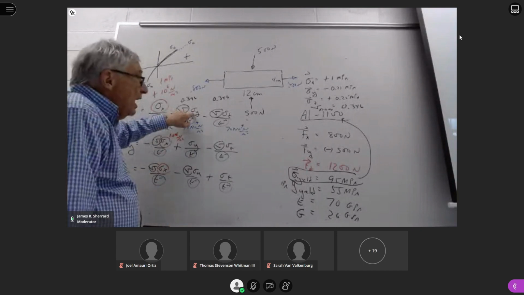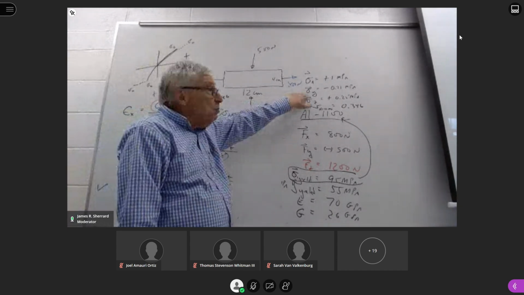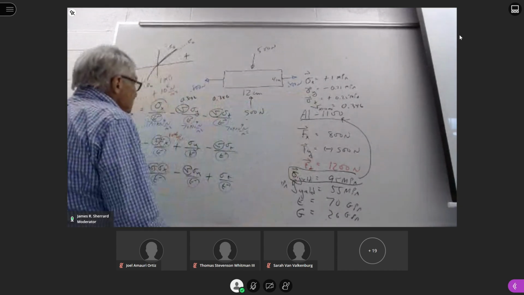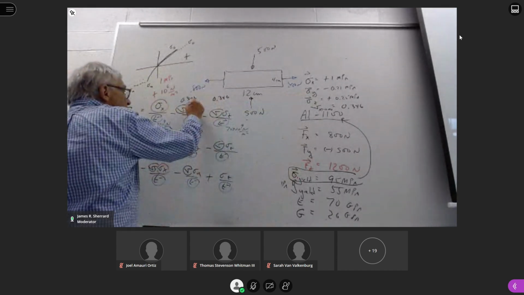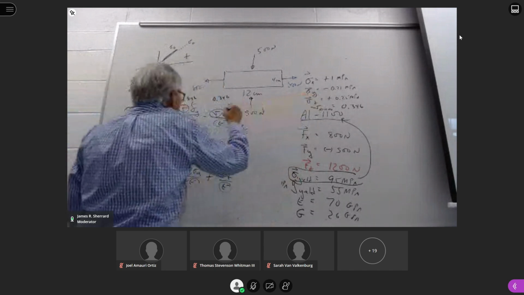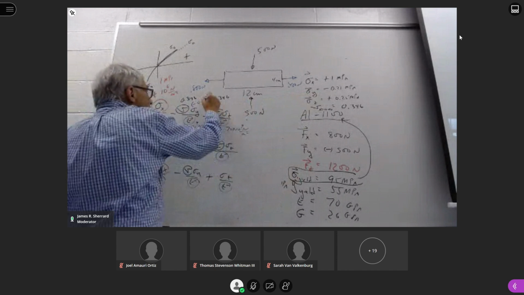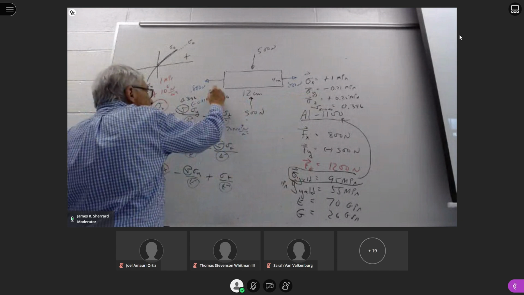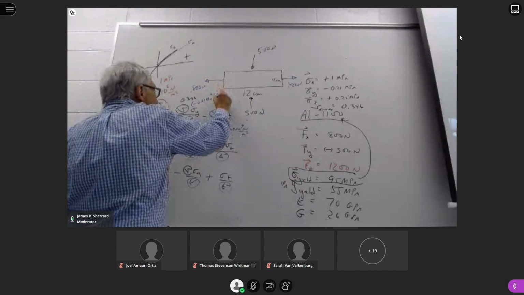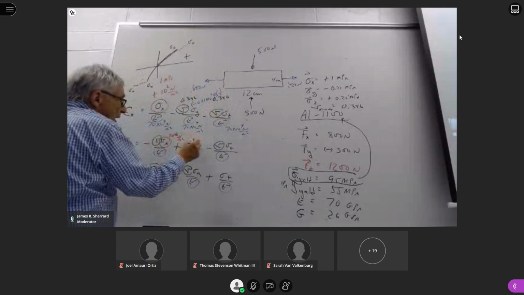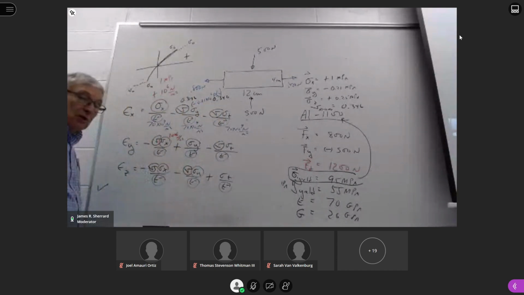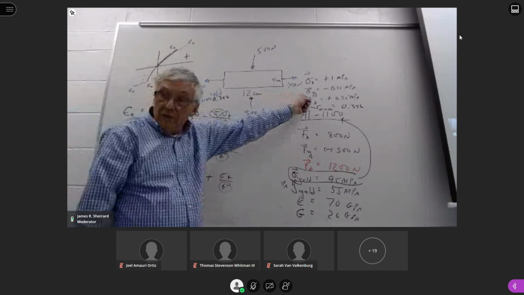Okay, so the next thing I'm going to do is, wherever I have a sigma y, we've calculated what that value is for plane stress in the y direction. I'm going to put that in. In this case, this is minus 0.21 megapascals, and we know a megapascal is 10 to the 6th newtons per meter squared. Wherever I see a sigma y, I'm going to substitute in this value.